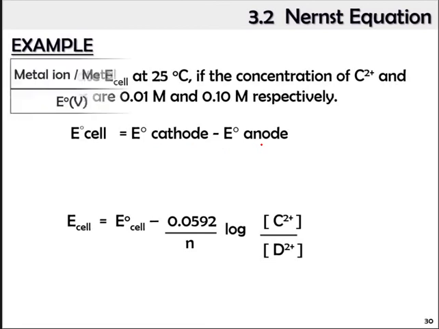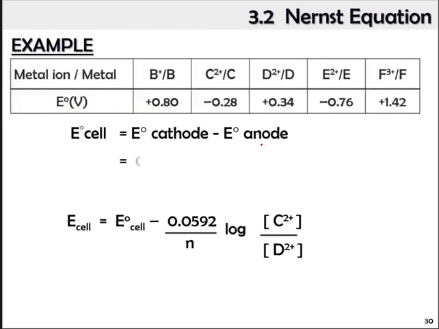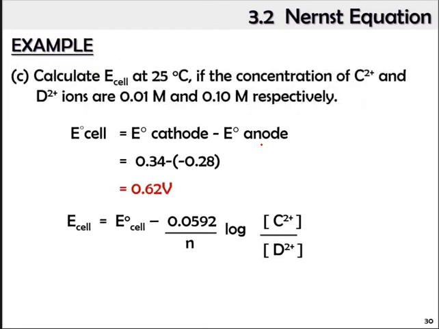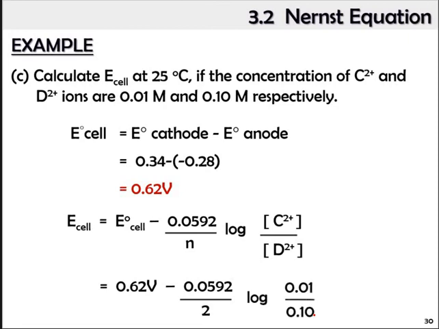So from the table given before, substitute the value and we get positive 0.62 volts. Okay, substitute the value of 0.62 volts, and then n is equal to 2, log the concentration given. And then we will get positive 0.65 volts.